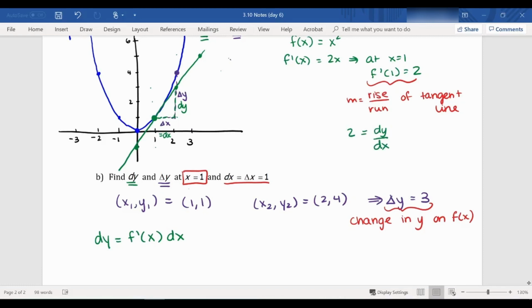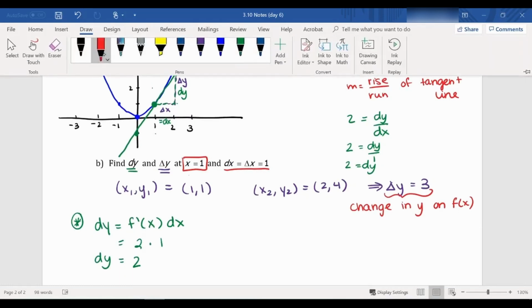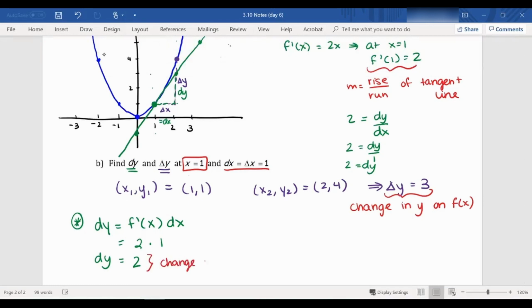And I know my dx is 1, so 2 is dy over 1, or 2 is my dy. And that matches up with this equation we have here. f prime was 2, dx was 1, so my dy is 2. Okay. So this is my change in y on tangent line when x equals 1 and dx equals 1. Okay, and this is when x equals 1 and delta x equals 1.